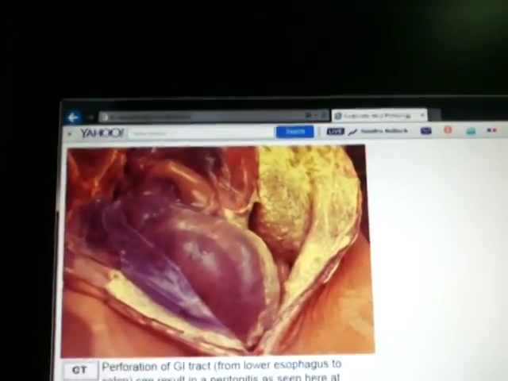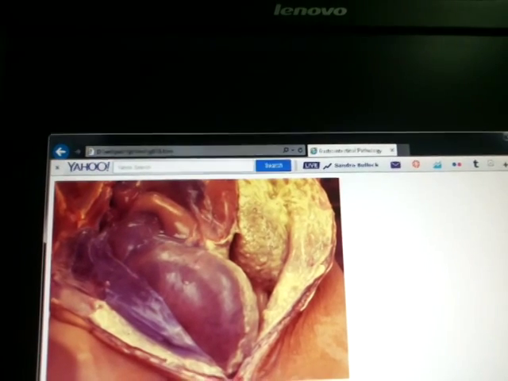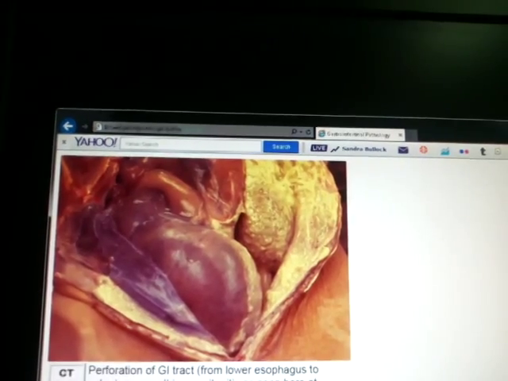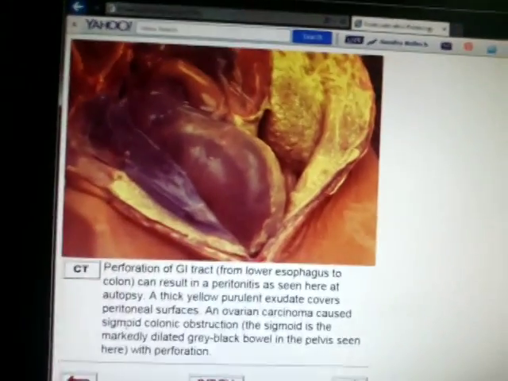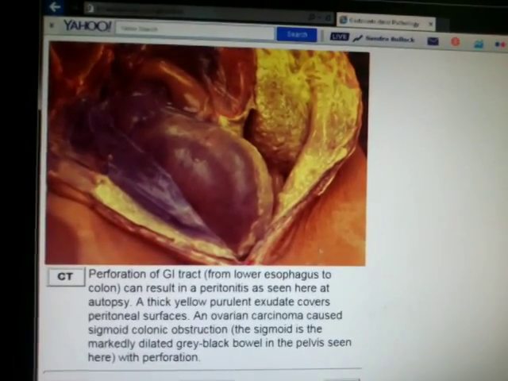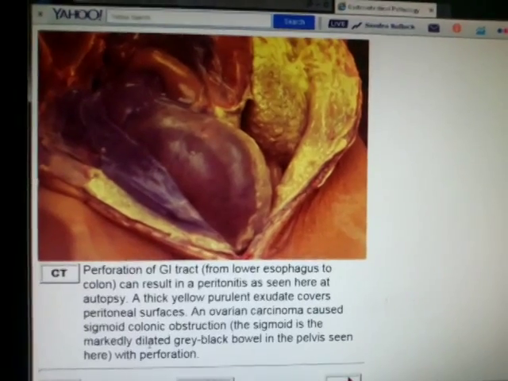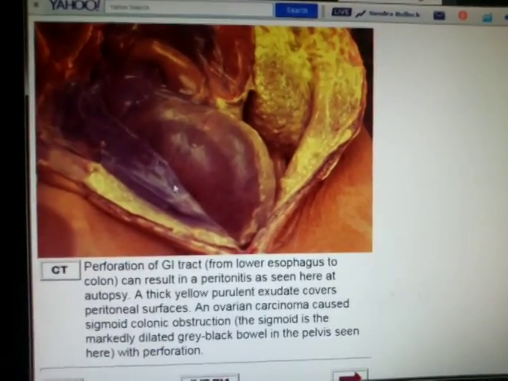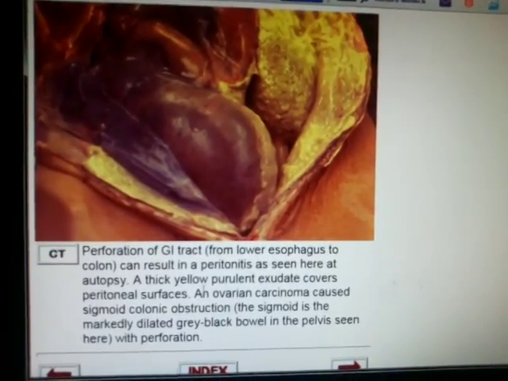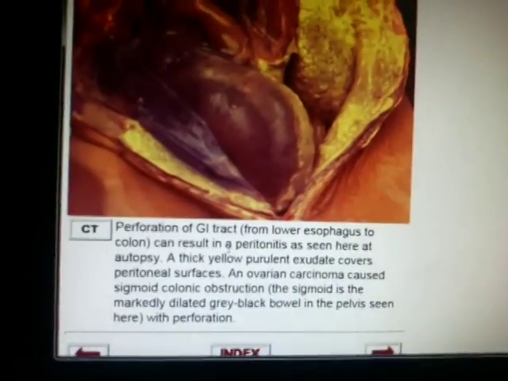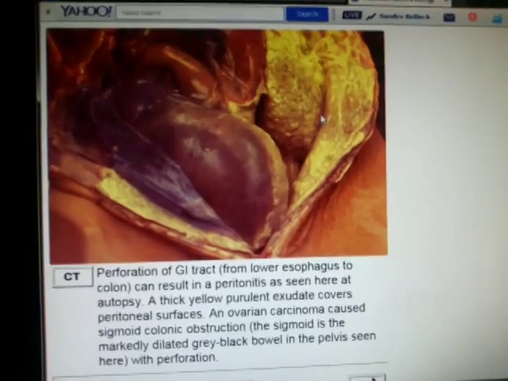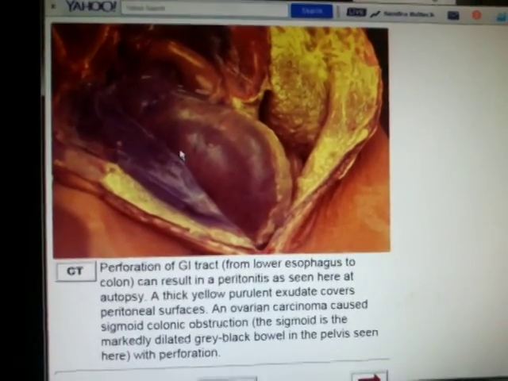The ovarian carcinoma metastasized to the sigmoid colon and led to obstruction, and with progression this led to severe dilatation of the sigmoid and then perforation. With perforation, the feces and material from the bowel leak into the abdominal cavity, and that leads to inflammation or infection of the peritoneal cavity, which we call peritonitis. And this material here, which is yellowish in color, is the purulent exudate.